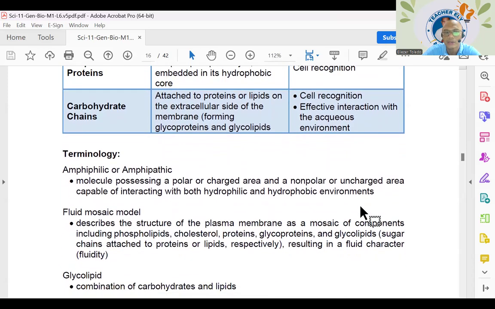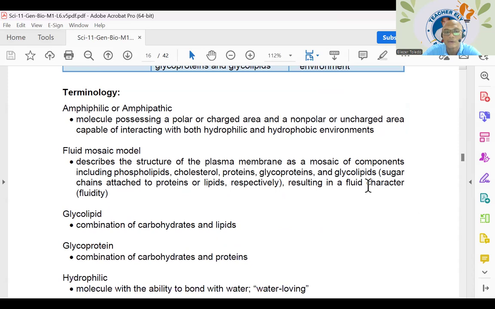Same with the carbohydrate. Terminology: amphiphilic, or amphipathic, a molecule possessing a polar or charged area and a nonpolar or uncharged area, capable of interacting with both hydrophilic and hydrophobic environments. Fluid mosaic model, mosaic, same with the art.